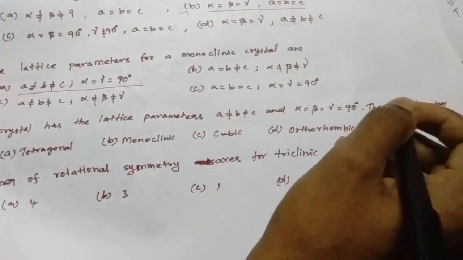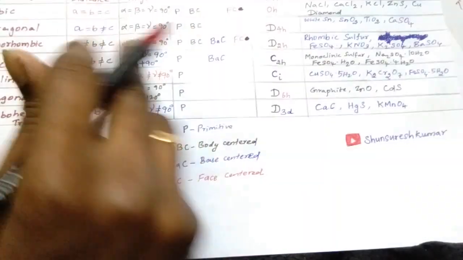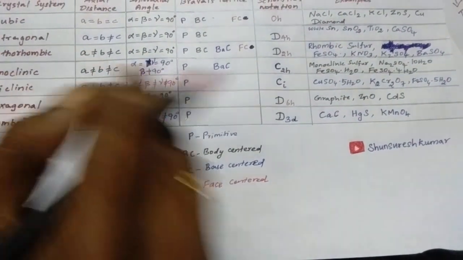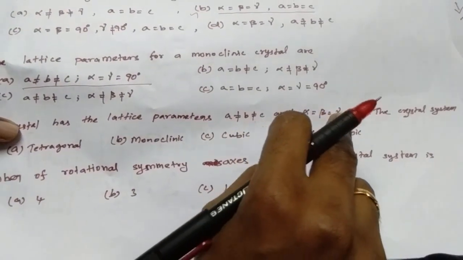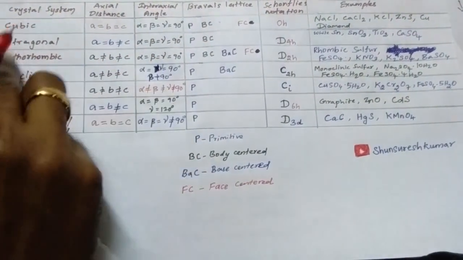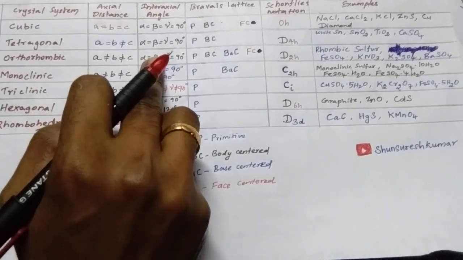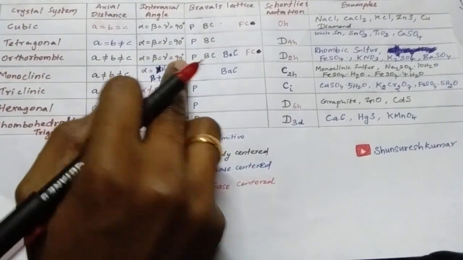This is which crystal system? So from our table, a is not equal to b not equal to c is for three systems: orthorhombic, monoclinic, triclinic. Okay, then check alpha equal to beta equal to gamma equal to 90 degrees. So here there is only orthorhombic.